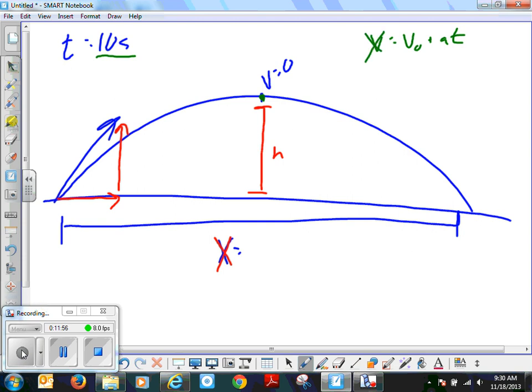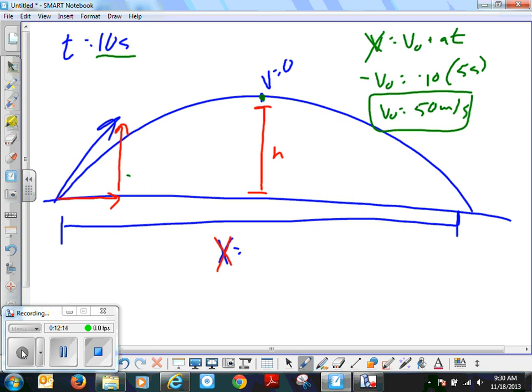We can cancel either one out, it doesn't matter. But negative v sub naught is negative 10 times 5 seconds. So v sub naught equals 50. Can you do that for the test? Yeah, that's part of it. So we got 50 here.